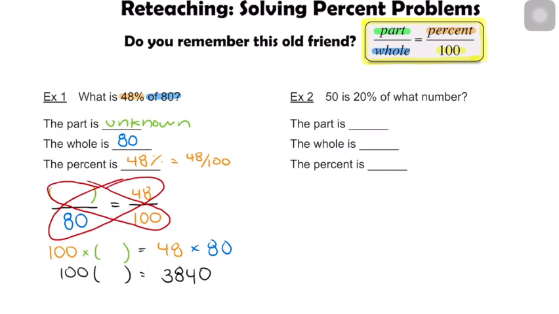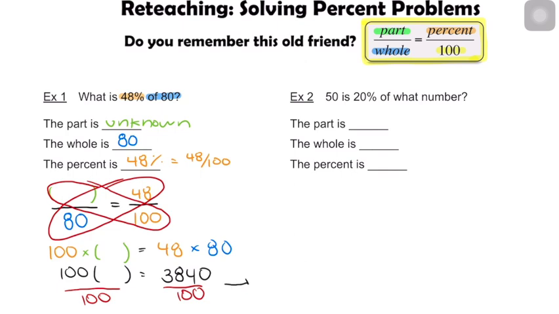And now we're trying to find the number that belongs in that blank. Now, in order to get that blank on its own, one thing that you can do is go ahead and divide both sides by 100. Now, you can guess and check, right? Filling in numbers that could possibly be 100 times blank equaling 3,840. But this is a much more efficient way of doing it.